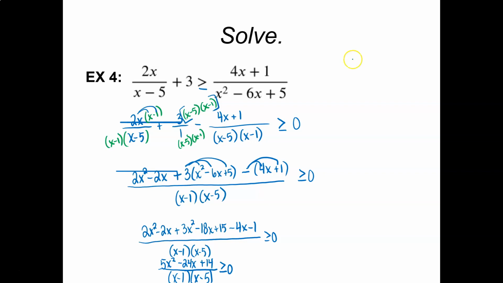And then we want to factor that numerator, if it will. I hope it will. Seems like I'm vaguely remembering not being able to factor on these. You got 7 and 2.